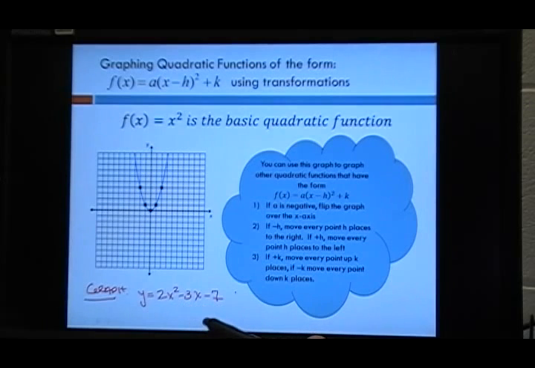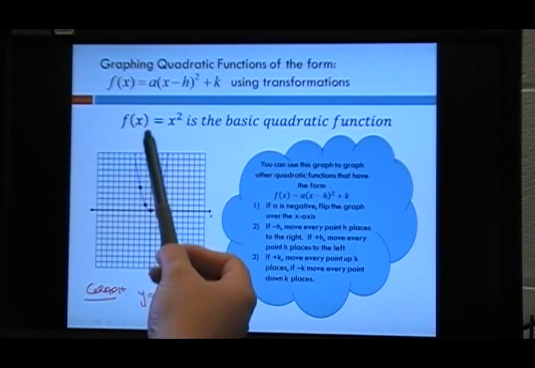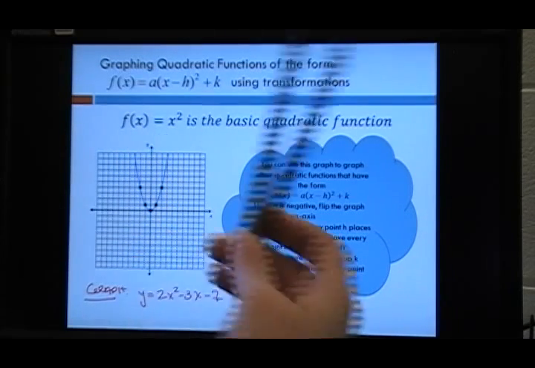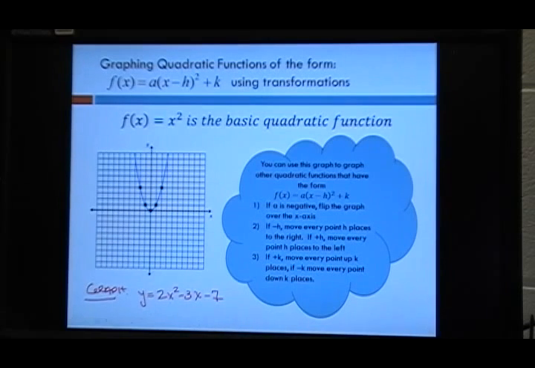We know that if we have a parabola that opens up or a parabola that opens down, they do pass the vertical line test, so we are dealing with functions. So it is acceptable to, rather than using y, use f of x.